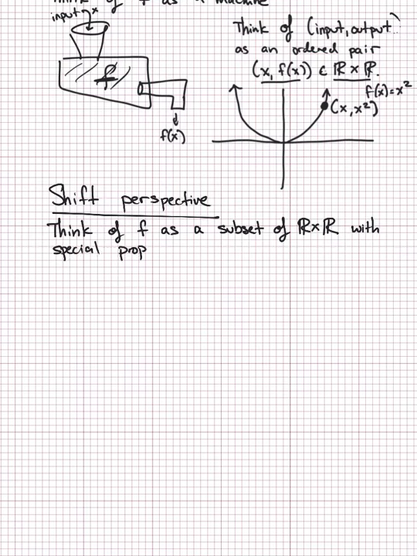We've seen that this function determines the graph that's in R cross R. But now I want to say the important thing is the graph. And that's the way that we'll be able to generalize the definition of function to other settings.